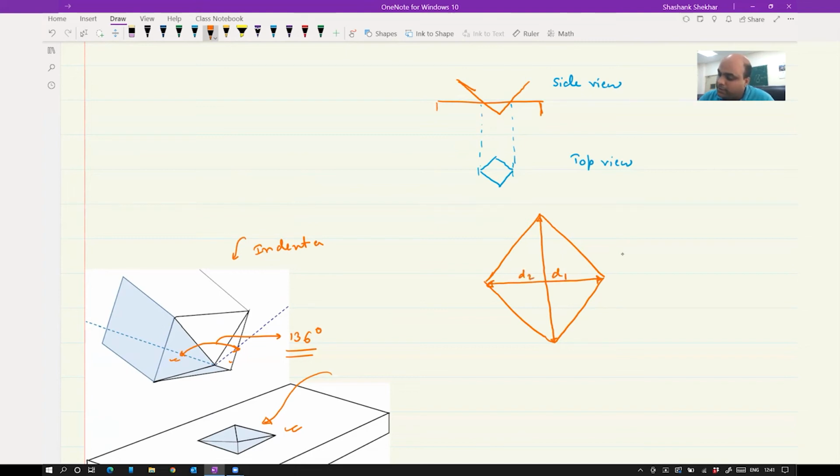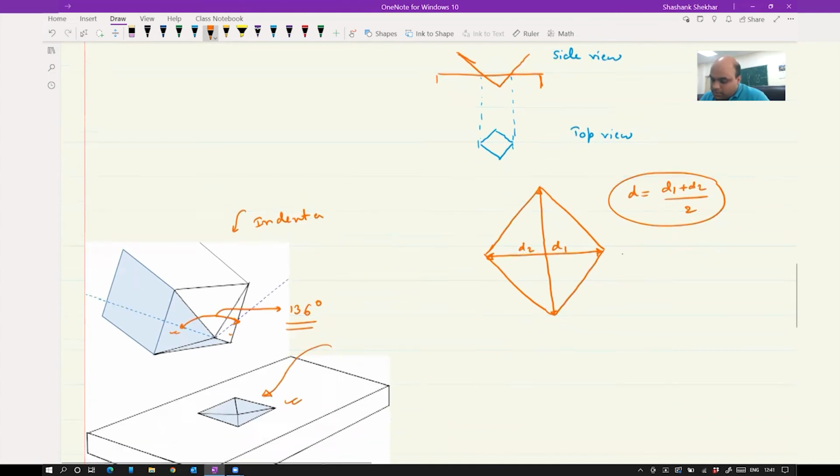Then you can take average, that will be D1 plus D2 by 2. In the Brinell hardness testing, we were measuring diameter of the indent impression. Here we are measuring the diagonal length of the indent impression. So you measure D1 and D2.